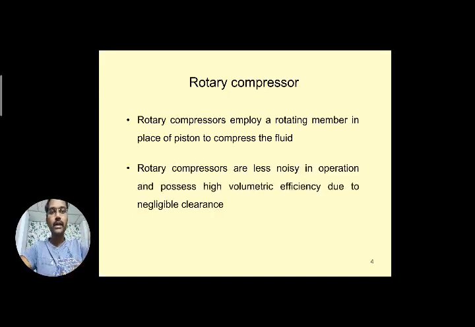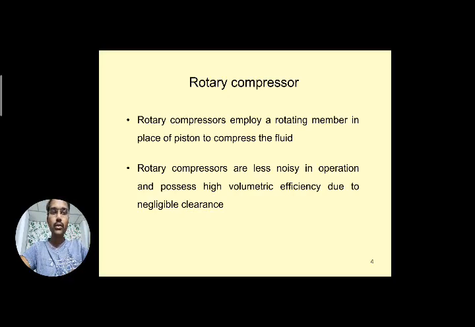There may be different types of rotary compressors available. Why can they be chosen compared to reciprocating compressors? They are much less noisy in operation. In the reciprocating motion, a lot of noise is created, and it requires more lubrication.